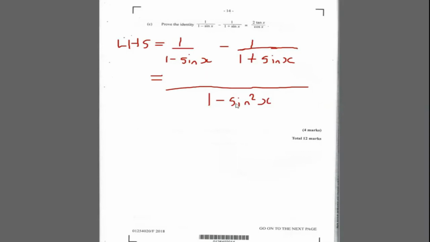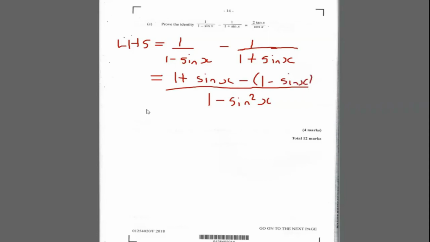Now 1 minus sine x into this leaves 1 plus sine x, minus, now 1 plus sine x into 1 minus sine square x leaves 1 minus sine x.